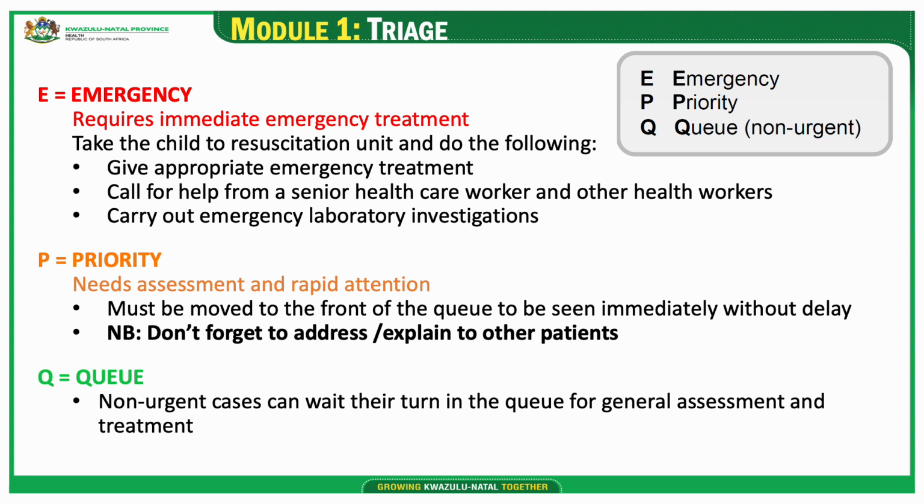They need to understand the reason the patients are being moved is because of their clinical condition and not for any other reason. Queue patients can wait their turn in the queue for general assessment and treatment. However, please remember, we need to keep on triaging those patients in the queue in case they deteriorate into emergency and priority signs.